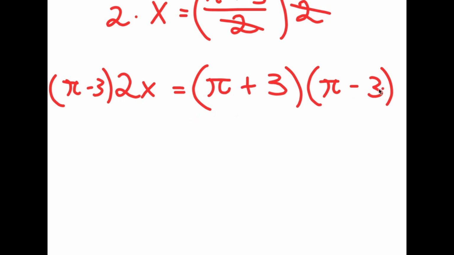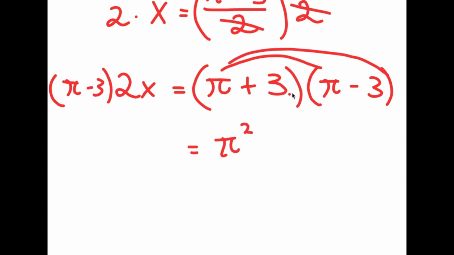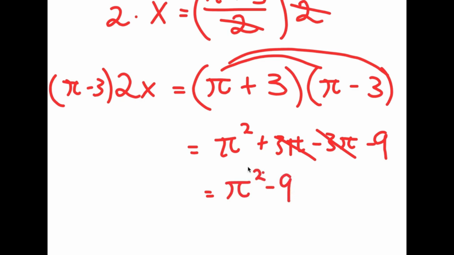Now, pi plus 3 times pi minus 3, I'm going to distribute the pi, so I get pi squared plus 3 pi minus 3 pi, which simply cancel out. And then I have minus 9 at the end. So I can just say this is pi squared minus 9. And for my left-hand side, I can distribute the 2x, so I get 2x pi minus 6x.